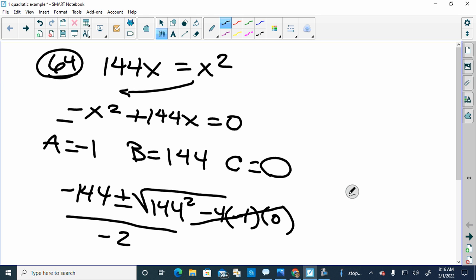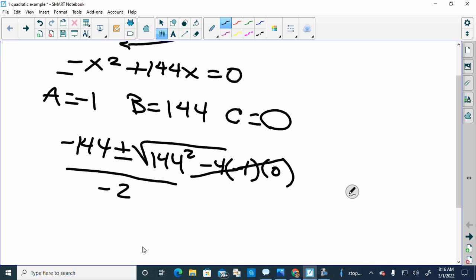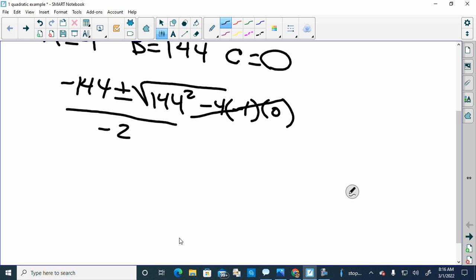If you switched this to the other side, you would still have this, but I believe you would have a positive if you did that. From there, you would square 144, get a big number, and then take the square root. But if you notice, there was something we learned that were opposite of each other.